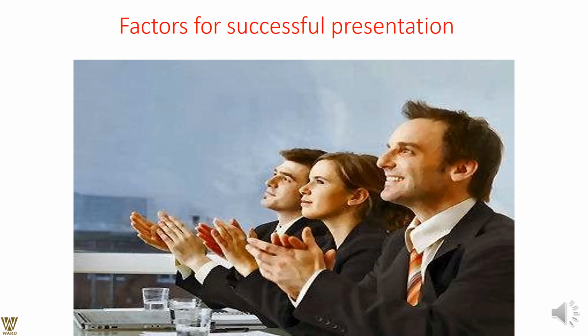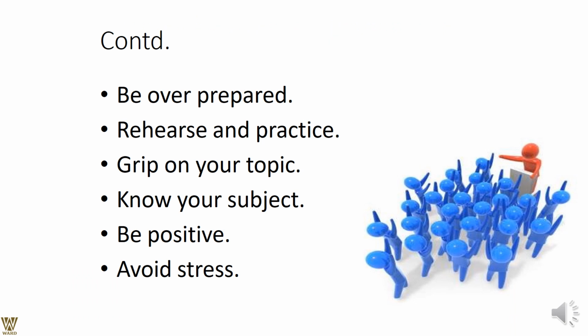That is what we are looking into. So if we can understand what the flaws in a presentation are, let us understand what the factors related to a successful presentation are. First and foremost, be over prepared. Do it twice, thrice, four times, or up to 10 times before you go in front of the audience. Rehearse and practice. Have a grip on the topic.